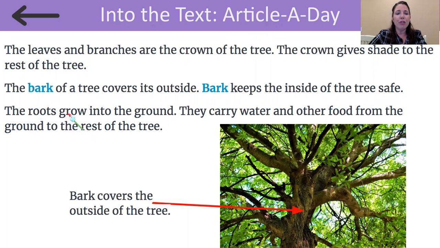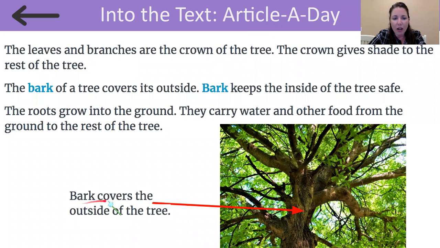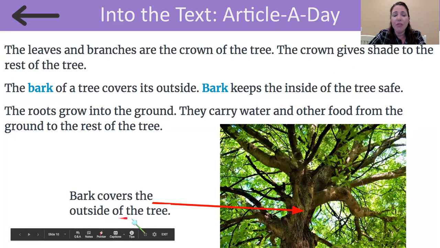The roots grow into the ground. They carry water and other food from the ground to the rest of the tree. And here I can see that this part of the tree is the bark, and the bark covers the outside of the tree.